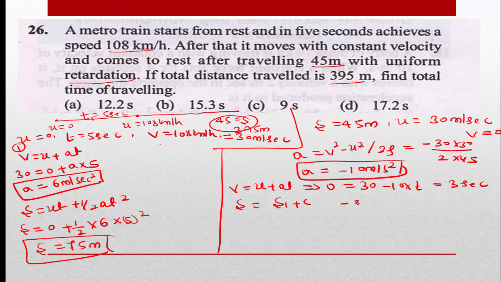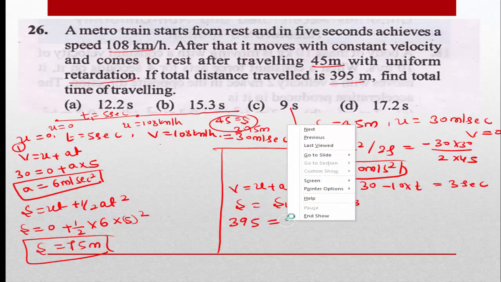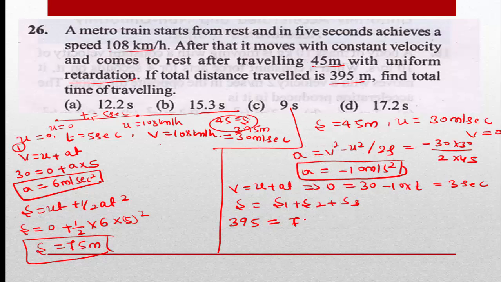The total distance traveled, that is s, is equal to s1 plus s2 plus s3. The total distance traveled by the metro train is 395 meter, equal to s1, which is 75 meter, plus s2, which we don't know, plus s3, which is 45 meter. From this equation we get s2 is equal to 275 meter.